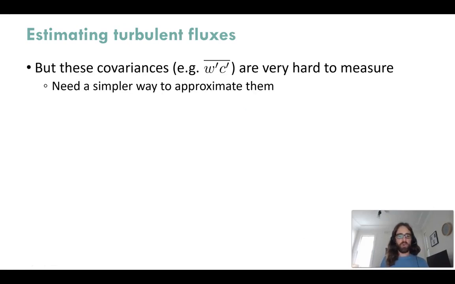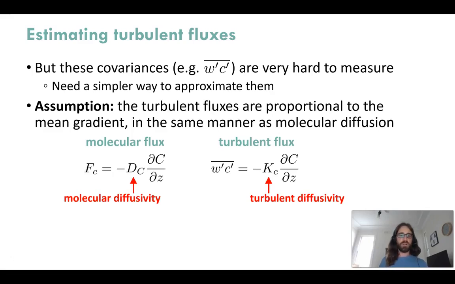However, one of the problems that we have is that these statistical covariances are very difficult to measure, and it would be helpful to have a simpler way to approximate them. One common assumption within the literature is to assume that these fluxes are proportional to the mean gradient in exactly the same way as you get the fluxes from molecular diffusion.